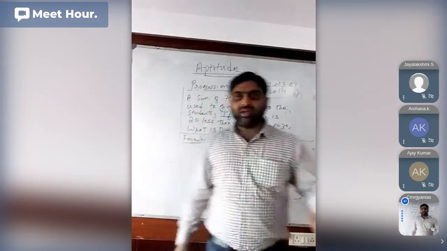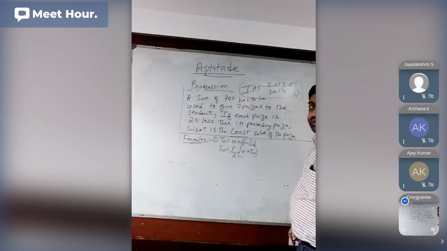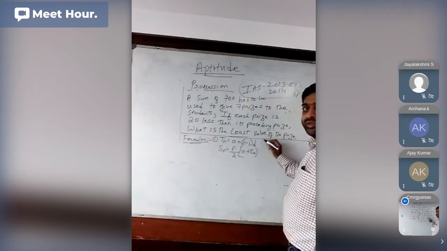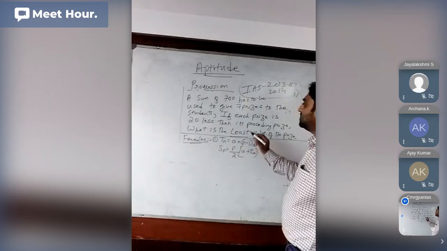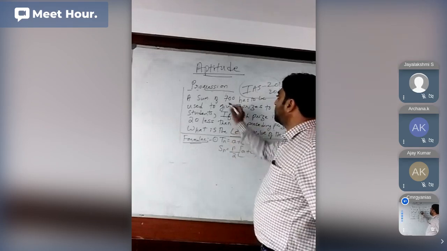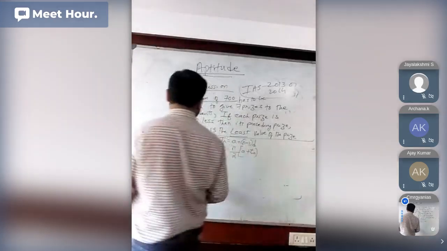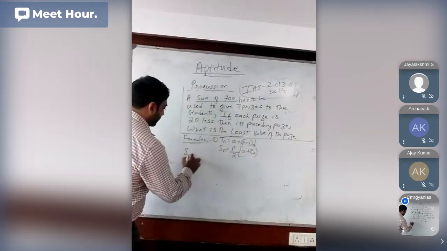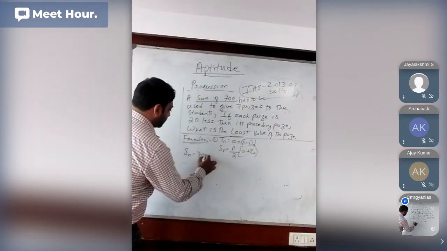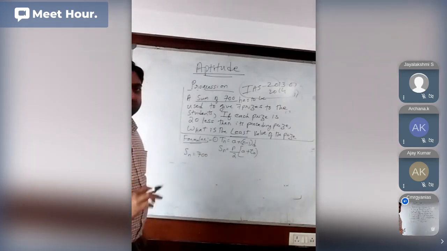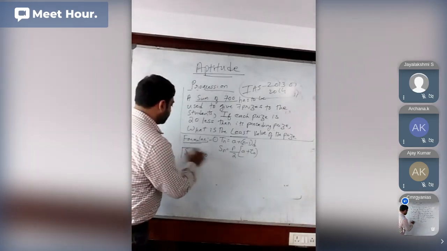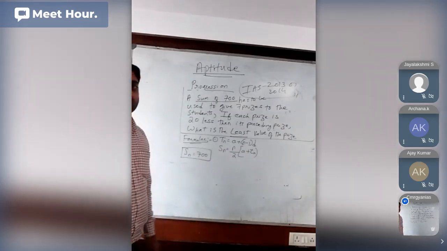Now, what is the data we have here? They have given us that the sum is 700, so S of n is equal to 700.